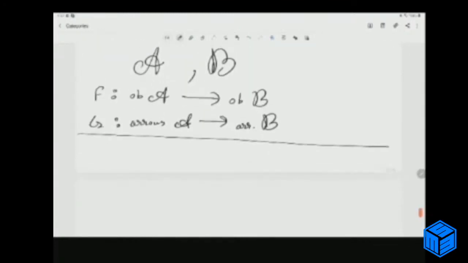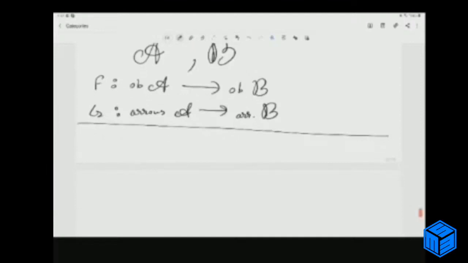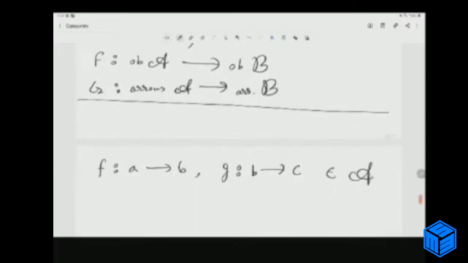So we have two functions, an object function from A to B that takes objects to objects in B, and then a function on the arrows themselves that takes the arrows in A to the arrows in B, satisfying this condition. If you have an arrow f from, I'm going to write lowercase objects, from a to b, and an arrow g from b to c, and these are in A, then what you have is F of g composed with f.